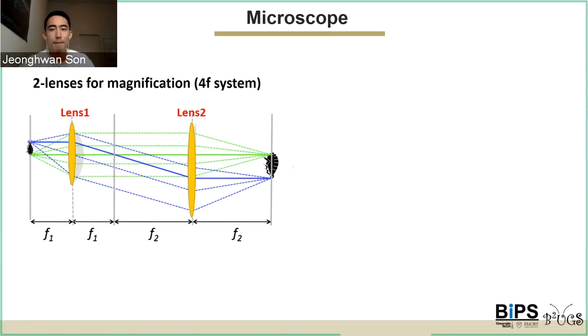All right. Before starting with the parameters of microscopy, let's go back to our memory of the last session. We will upload the last session video in the homepage soon. But once again, with 2 lenses called a 4F system, we can build a fixed magnification system, calculated with the ratio of the focal lengths of 2 lenses.